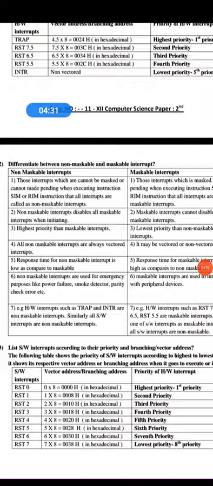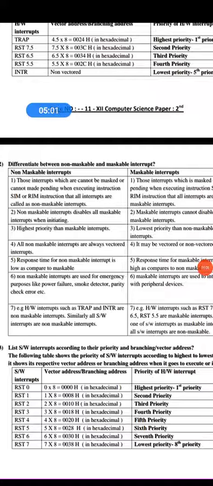Non-maskable interrupts disable all maskable interrupts whenever they occur, and maskable interrupts cannot disable non-maskable interrupts. The non-maskable interrupts always have the highest priority, whereas maskable interrupts have the lowest priority. All non-maskable interrupts are always vectored interrupts, and maskable interrupts are not required to be vectored; it may be a vectored interrupt.